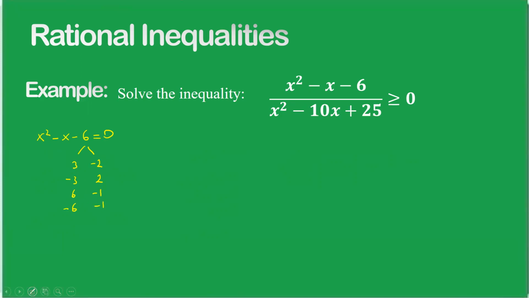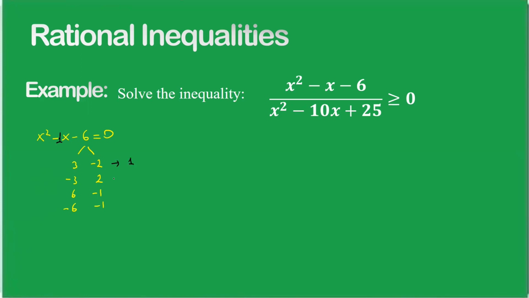Here we have to check them. The product of 3 and minus 2 is minus 6, but the sum of these numbers should be minus 1, the coefficient of x. If you add 3 minus 2, it is 1, so it's not.